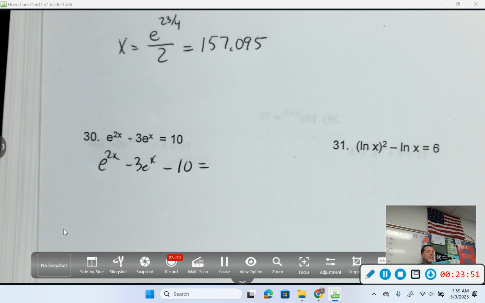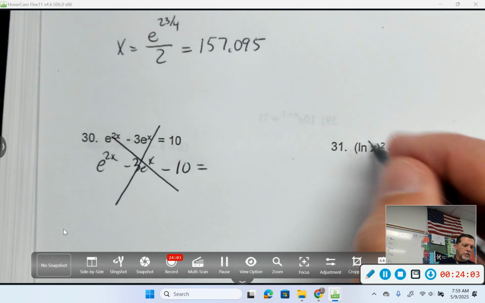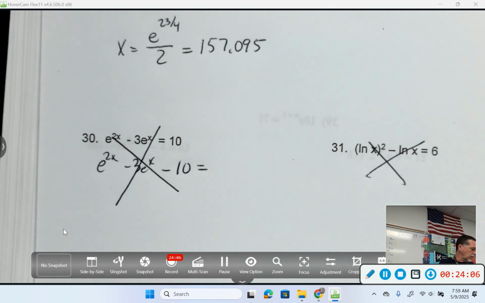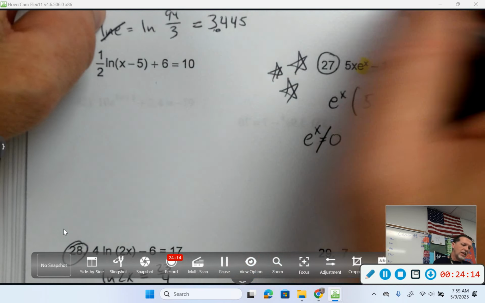So you'd need to move the 10 over and then factor what's left. We don't want to worry about that. So 26. And 31 is similar. Of course, we wouldn't have done 31 anyway, so you can mark that one off. So there's your hint on what type of factoring might be on the test.